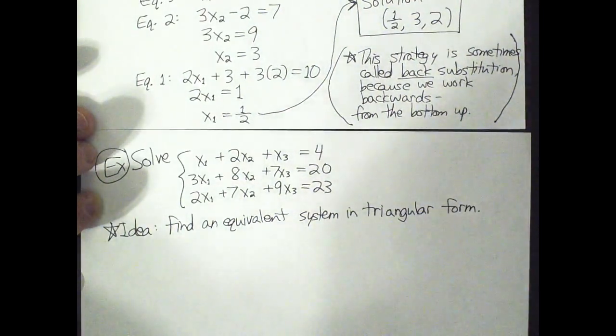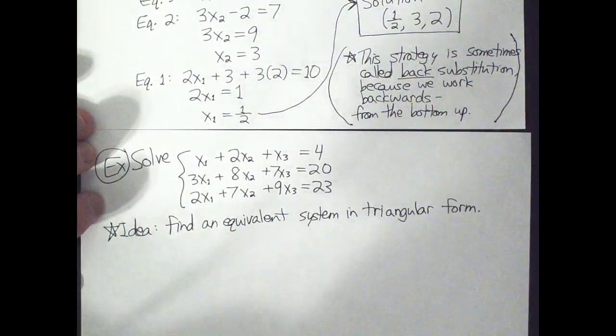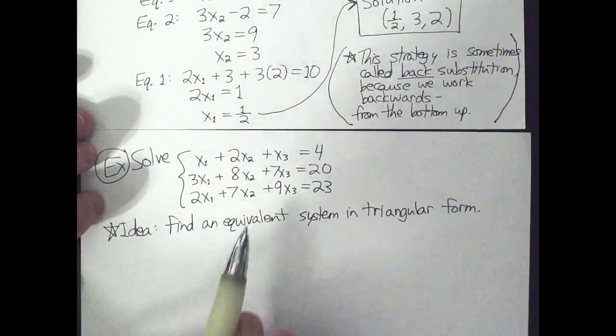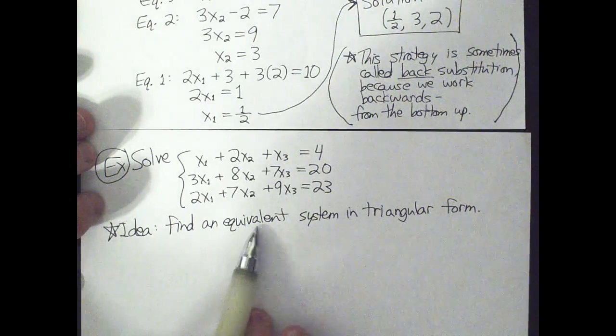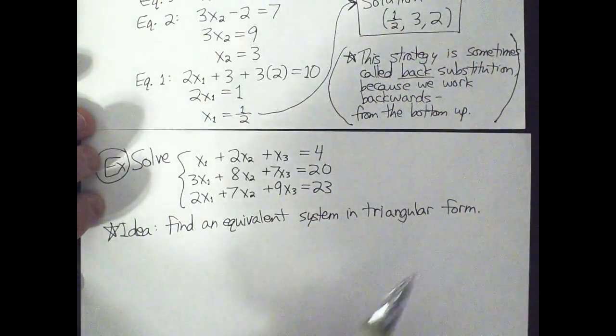Remember what the word equivalent means? We mentioned that earlier. Two systems are called equivalent if they have the same solution set. So what I'm suggesting is maybe we could find an equivalent system so it has the same solution, but in triangular form so that it's easy to solve.